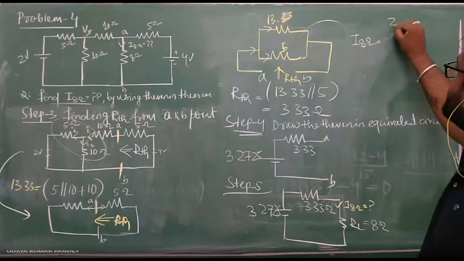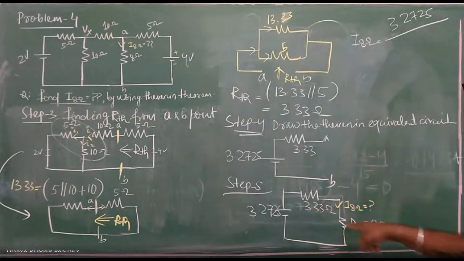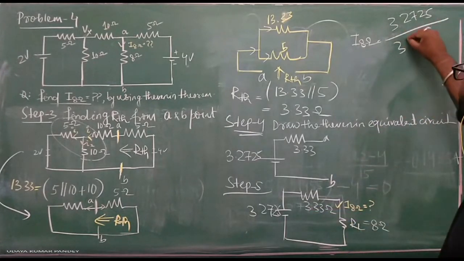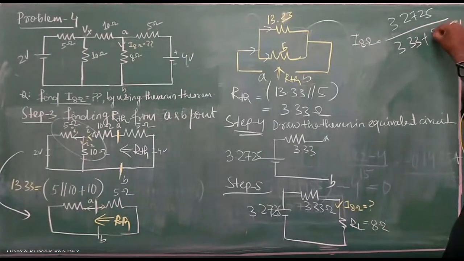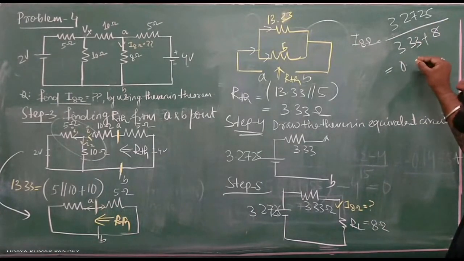By putting in the formula, this is your voltage 3.2725 divided by your total resistance, that is 3.63 plus 8, that is your value 0.2811. Sir, RTH will be 3.63. Yes, 3.63, not 3.33. Okay.